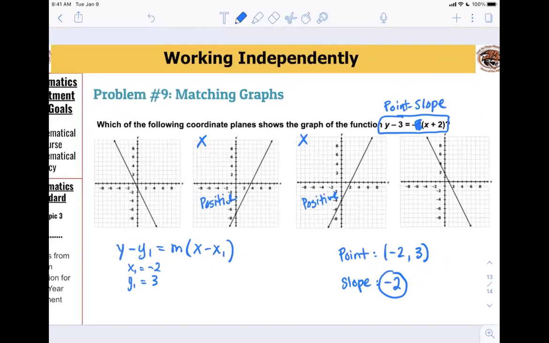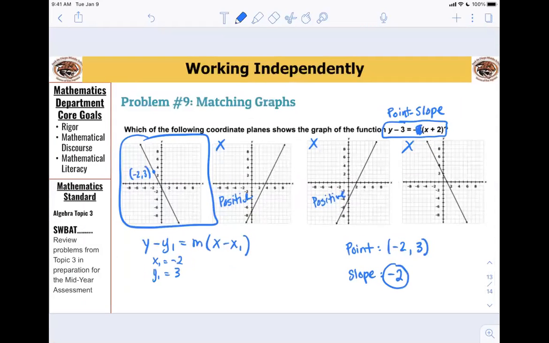A. Yeah, A has it. -2 comma 3 right here. So tricky, tricky, tricky. This is something I don't know if it'll come back, but it might. So it's worth making sure that you remember how to read this form and identify that point, because that'll give you the right answer.